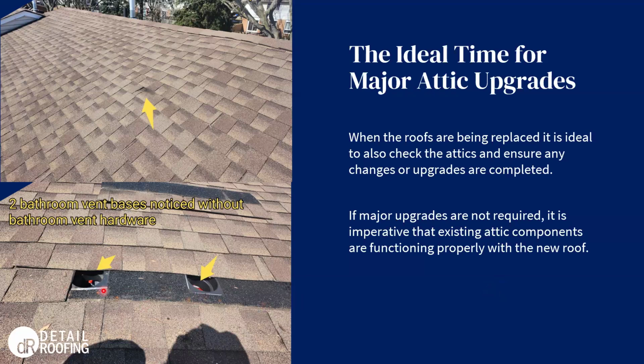One of them didn't have anything connected that we could see, whereas the other one did have ducting connected to it. Now, in this case, we didn't have access into the interior to see if these were active exhaust vents. But either way, this is something that when the roofs were replaced over the last few years was an oversight and it was just roofed over. This is something that we've come across many times before.